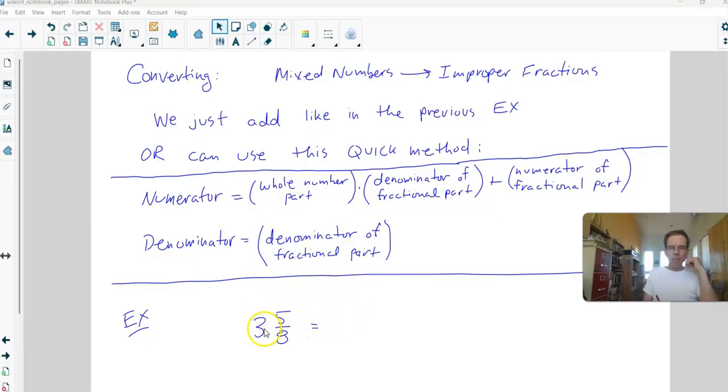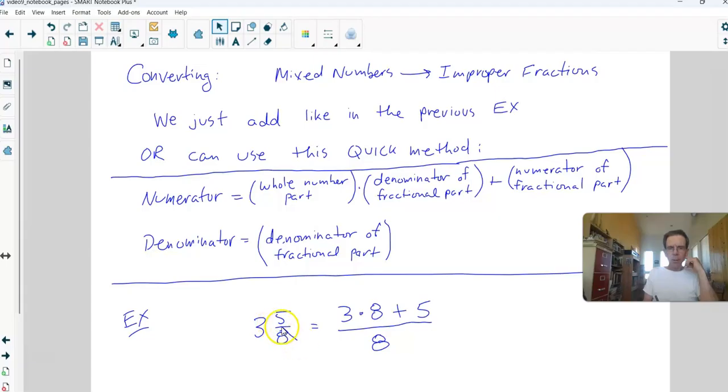So here's one. We have 3 and 5/8. The directions say take the whole number part, this is the numerator, and multiply by the denominator of the fractional part. Then you add the numerator of the fractional part. And the denominator of the improper fraction is just going to be what we had as denominator in the fractional part.